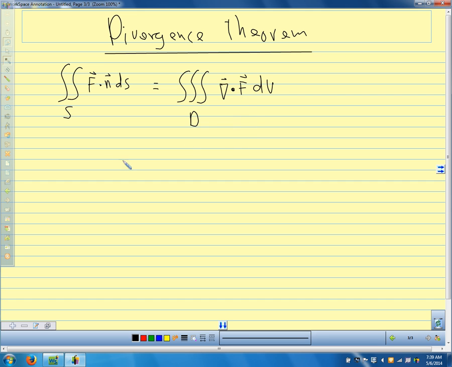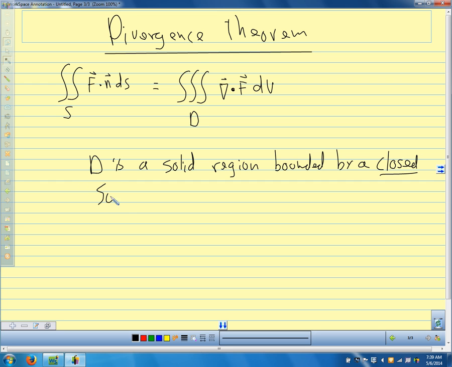And for the divergence theorem, we're saying D is a solid region bounded by a closed surface S, and n is the outward unit normal vector.